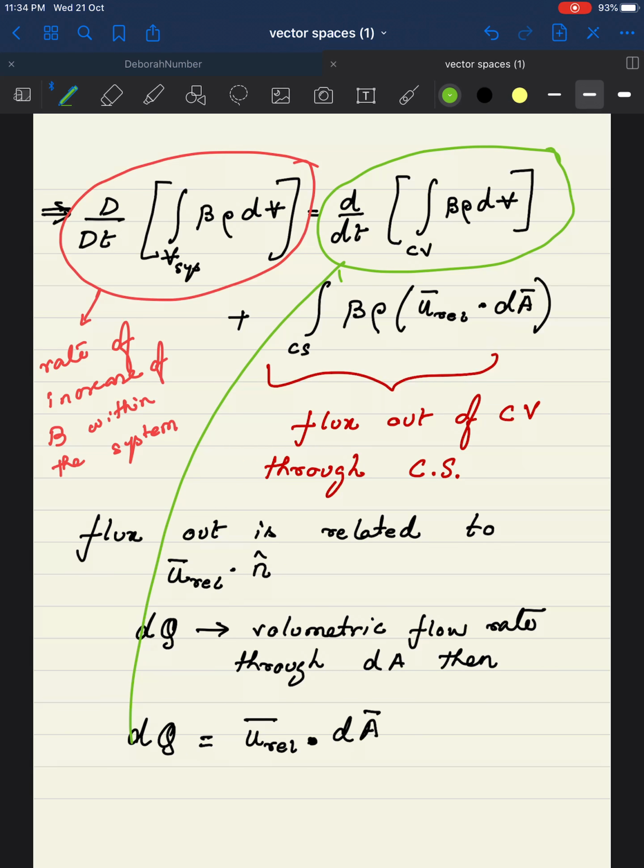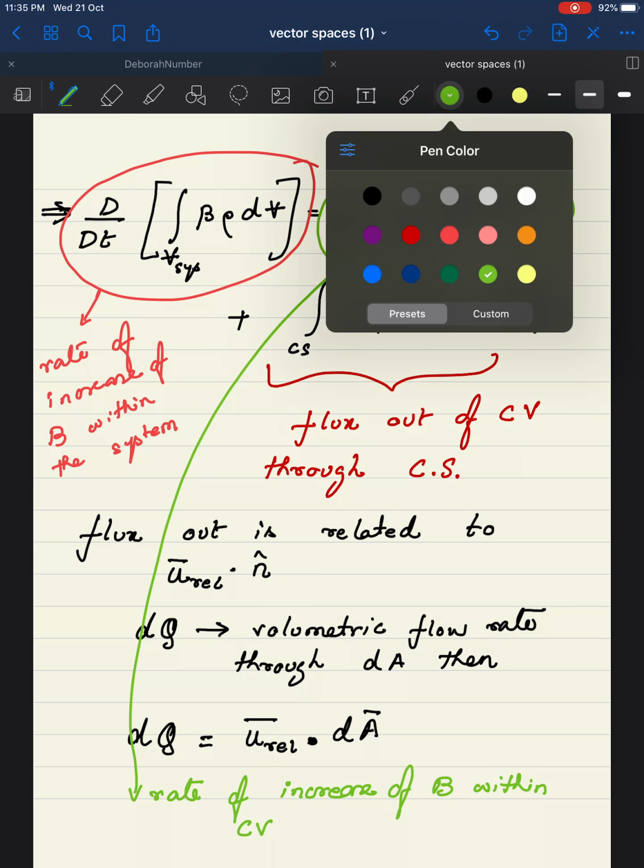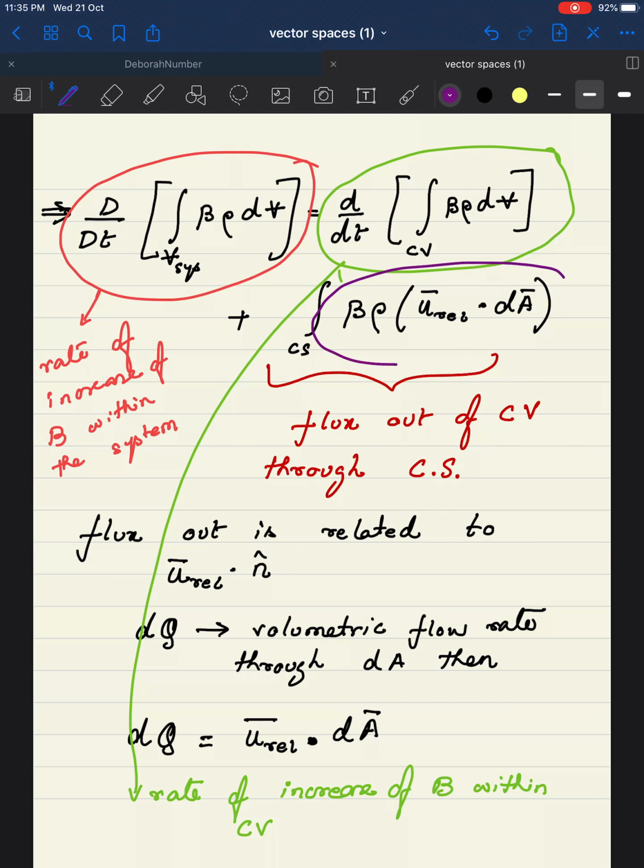I'm running out of space, so I'm cramping things here. This is the rate of increase of B within my control volume. And this final quantity is my rate at which B leaves the control volume through the CS. That's already written, so I don't need to write that. So I've already written it, the flux out of the control surface.